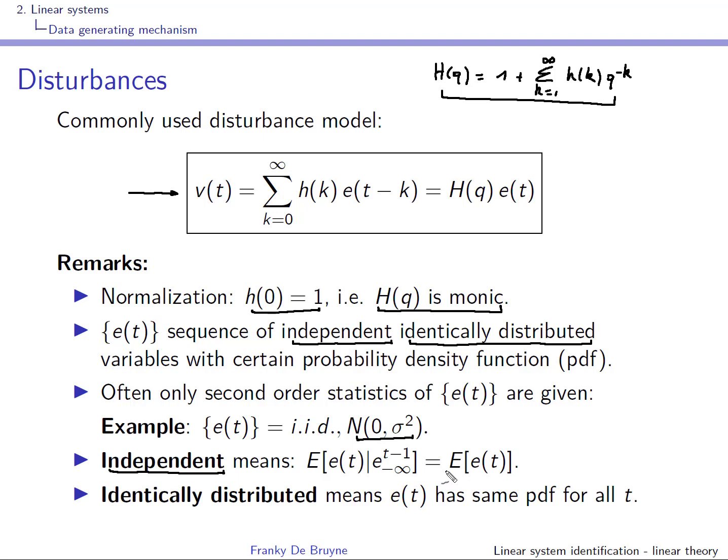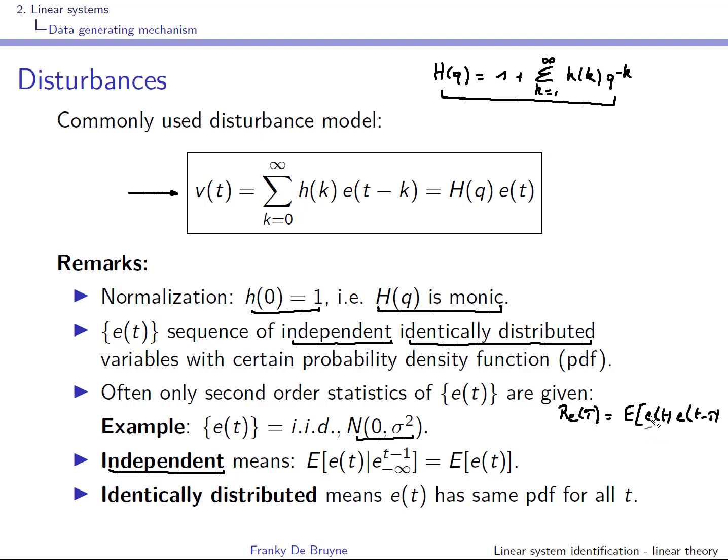So the previous values of e of t do not bring you anything if you want to estimate e of t. Another way to see independence is to have a look at the autocorrelation function R_e of tau, which is really the expected value of e of t and e of t minus tau.